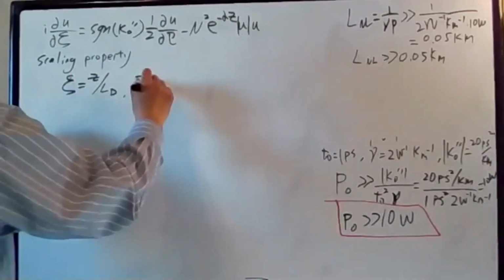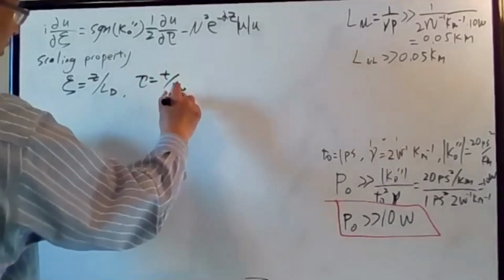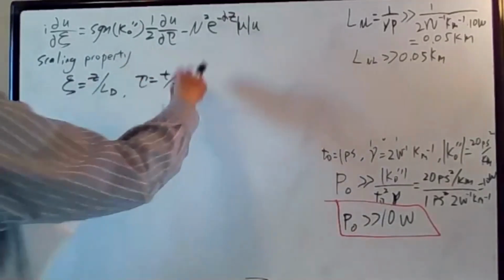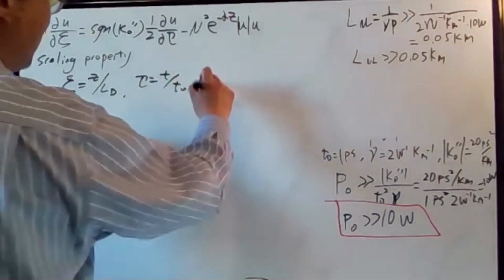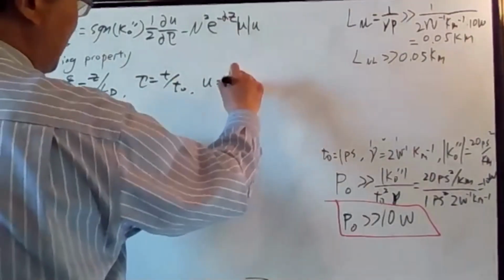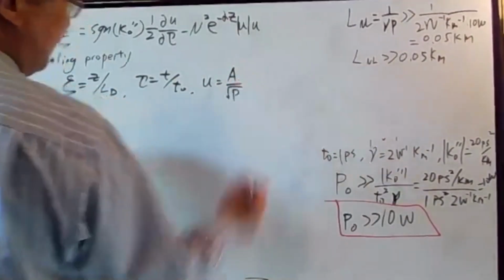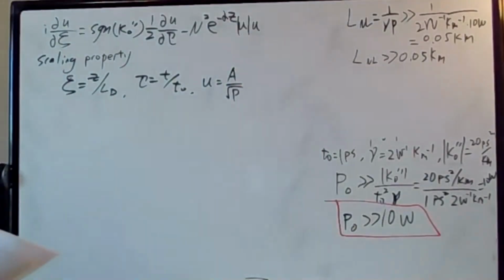And then my tau is T over T naught, so the time is now scaled by T naught. And then my U is A divided by square root of P.